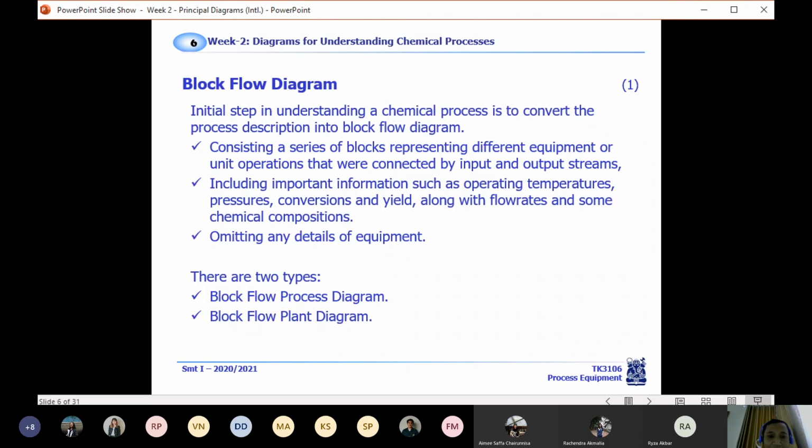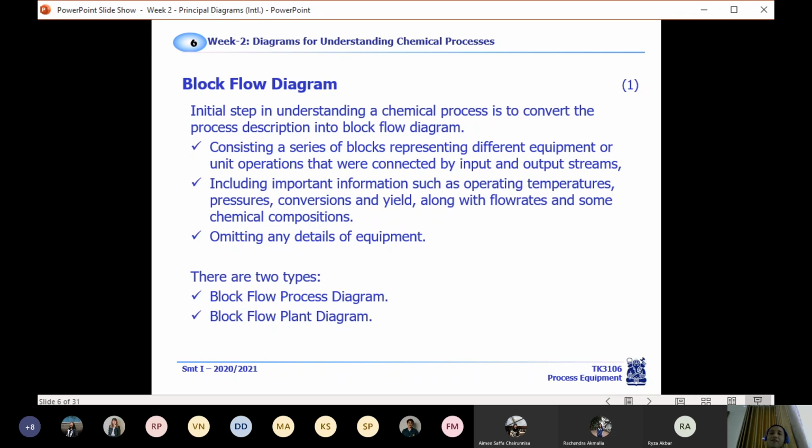So although it's limited, usually we give some important information as well, for example, the operating temperature, pressure, conversion, and flow rate, and sometimes chemical composition.